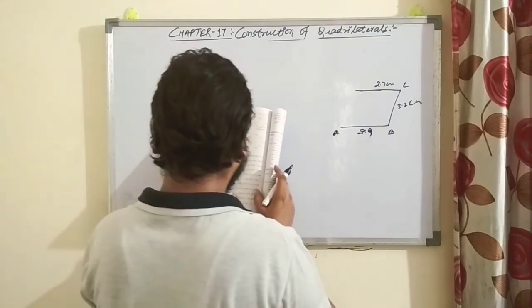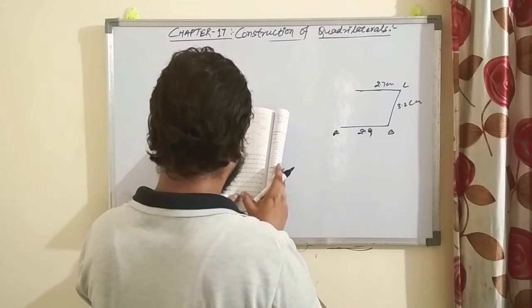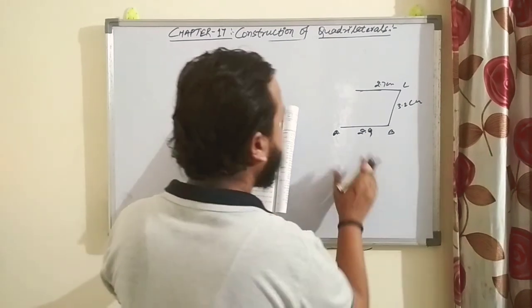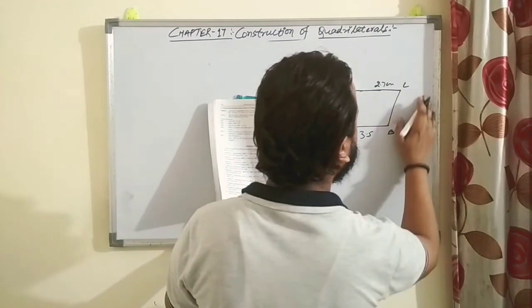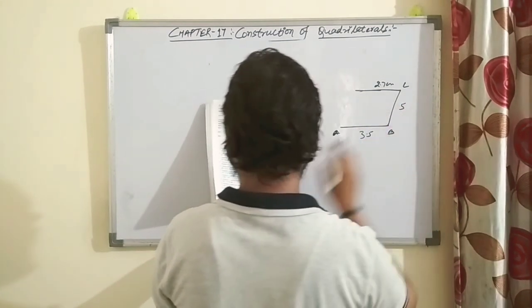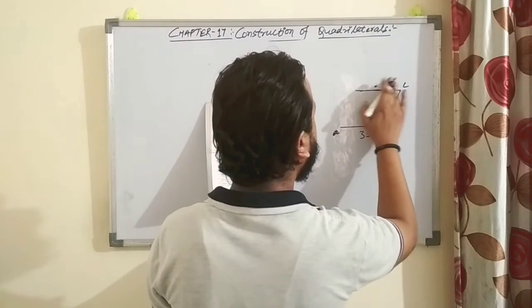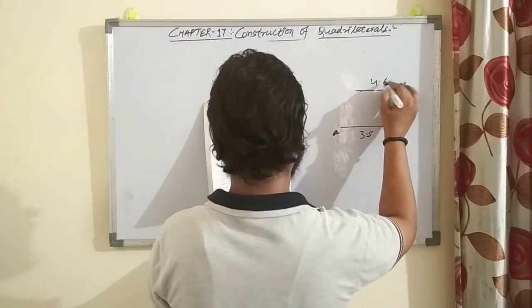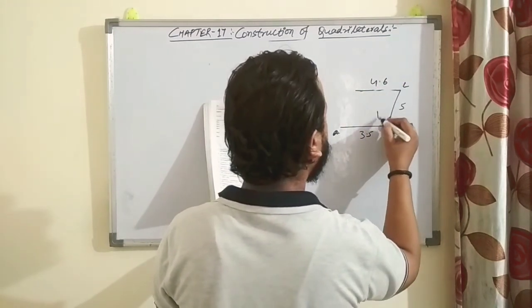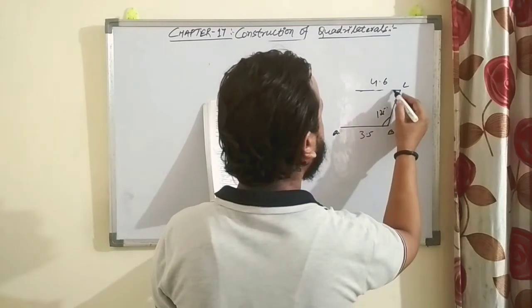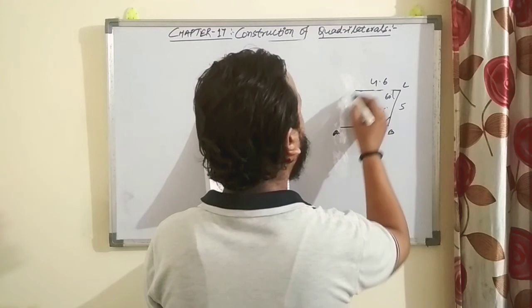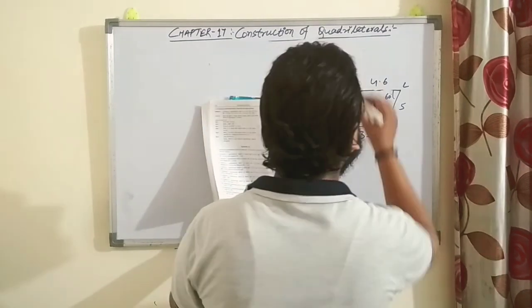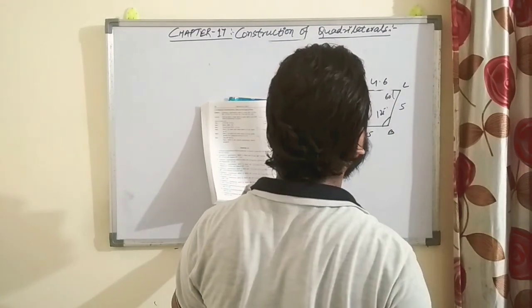AB is 3.5, BC is 5, CD is 4.6. Angle B is 125 degree. Angle C is 60 degrees. Right? The length of DA is not given.